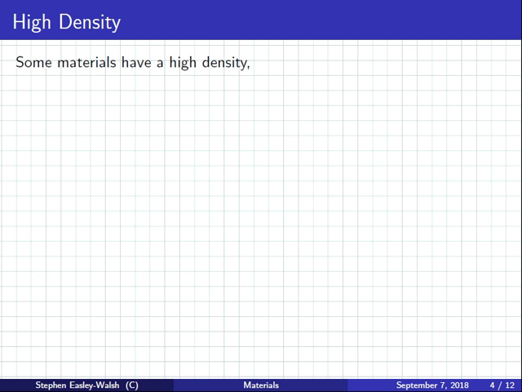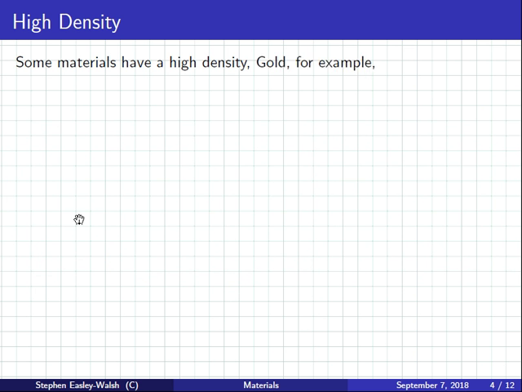What are examples of materials with high density? Silver. Silver, good. What else? Diamond. Yeah, I think so.